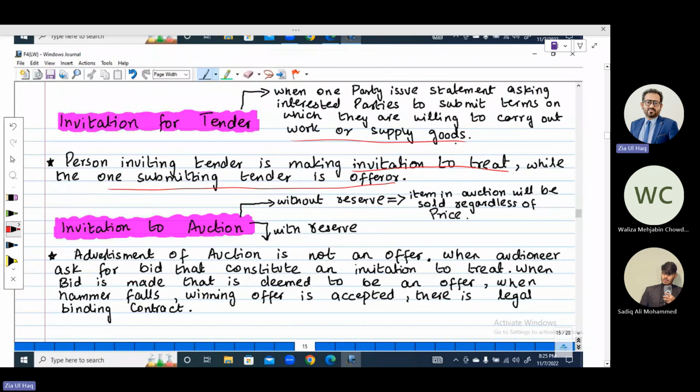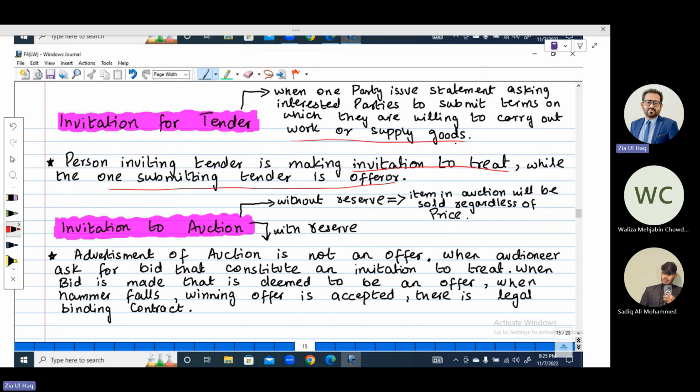What is invitation to auction? Invitation to auction means you want to sell a product and you have advertised in the newspaper that there will be an auction of my product on a certain date, time, at a certain place. Now different people who want to buy that product will come to that place and there will be an auction.